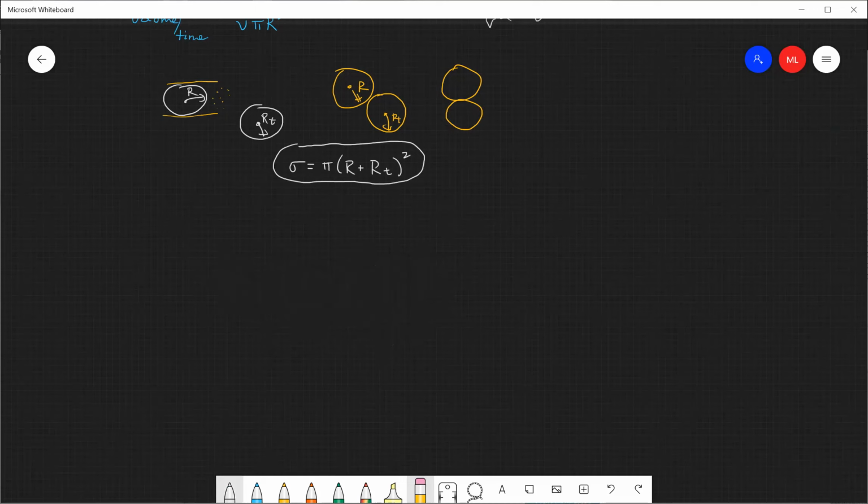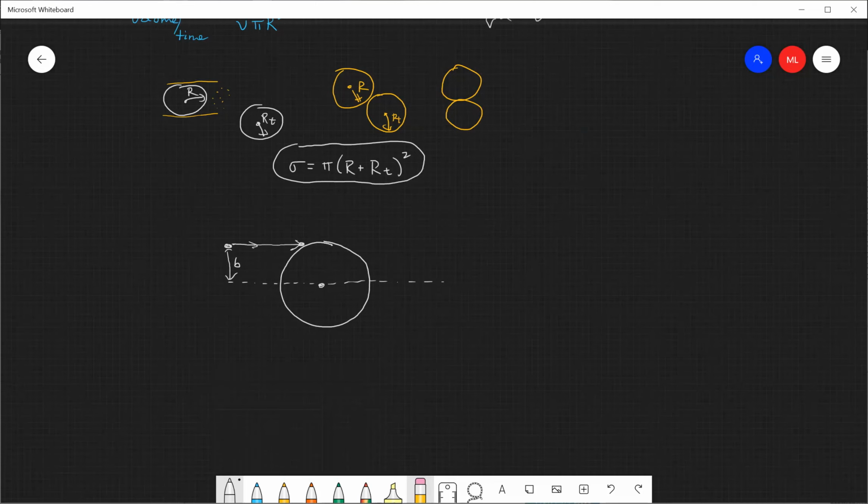All right, let me clear this. So, imagine a big target and small incoming particles. They're going to come in at some distance b above the center of mass of the target. Imagine these are all hard particles, and it'll be a kind of glancing blow.